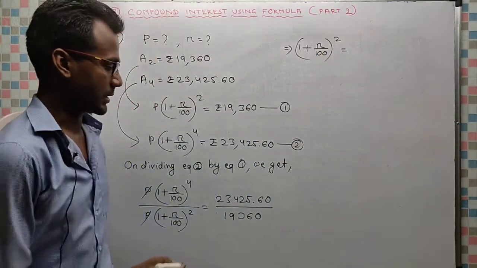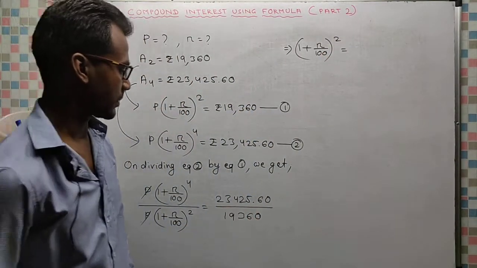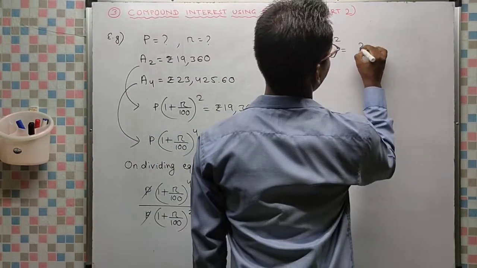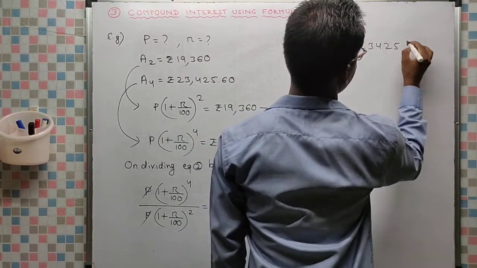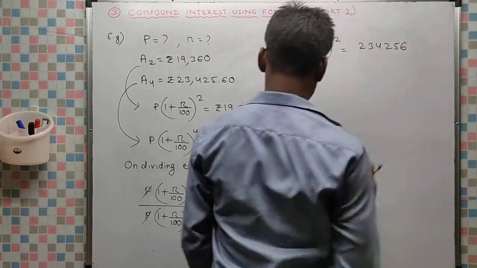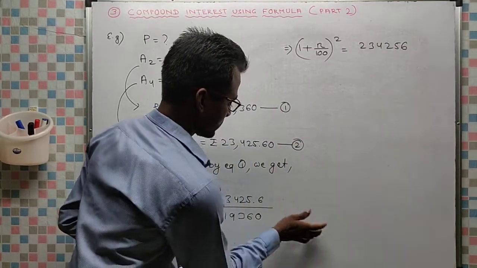Now let us simplify this. Avoid this decimal. 2, 3, 4, 2, 5, 6. 0 we can cancel.